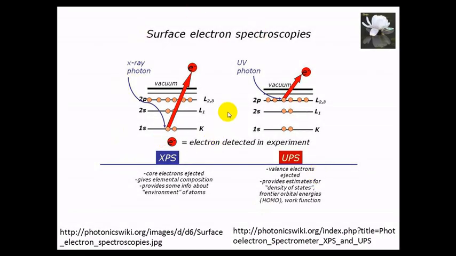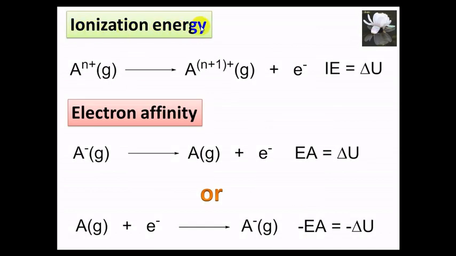In the picture, we can observe the X-ray photoelectron spectroscopy experiment. This methodology is used for ejecting core electrons, whereas ultraviolet photoelectron spectroscopy is employed for the elimination of valence electrons. Therefore, the ionization energy and electron affinity of the atom can be obtained.